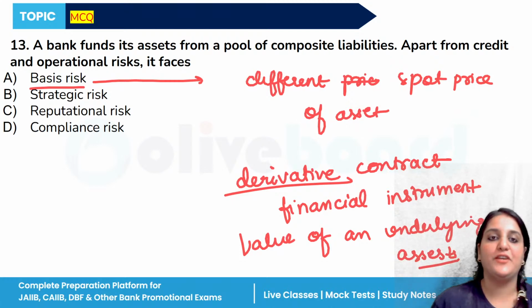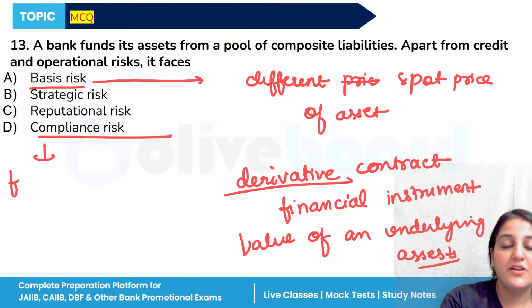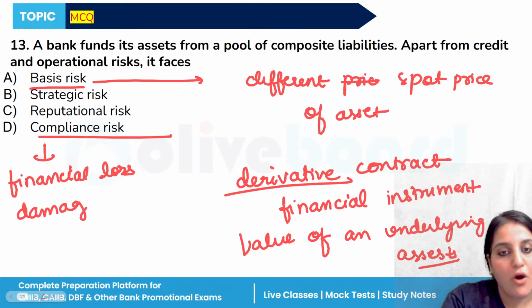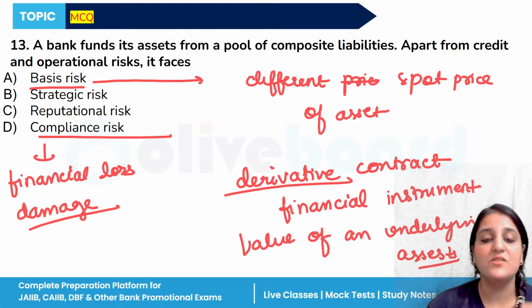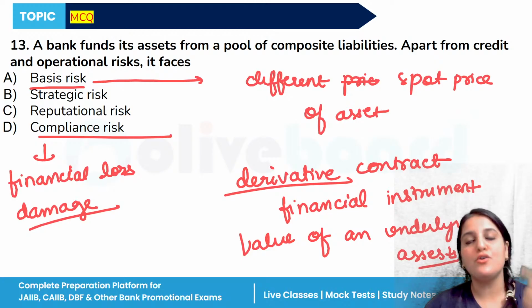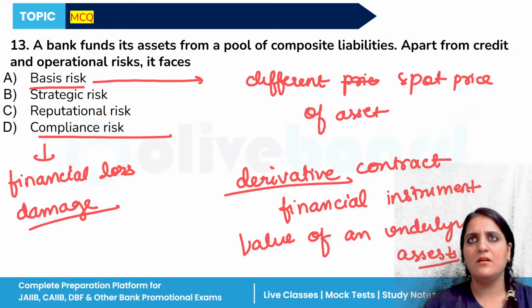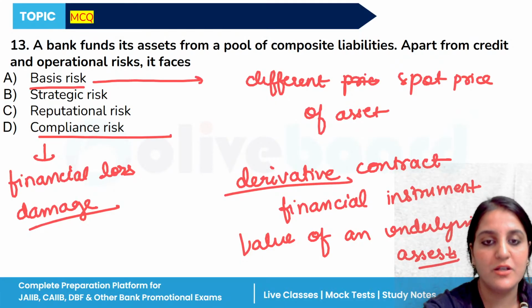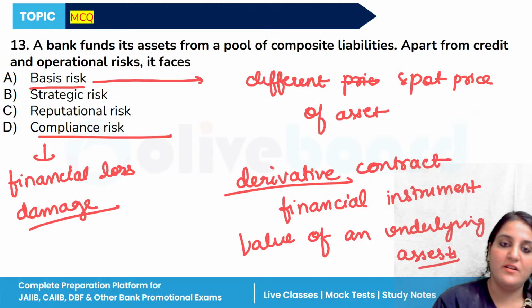And compliance risk is the risk of financial loss or damage to the organization due to non-compliance with laws, regulations, or industry standards, and it can also arise from factors like regulation changes, internal failures, and external failures.